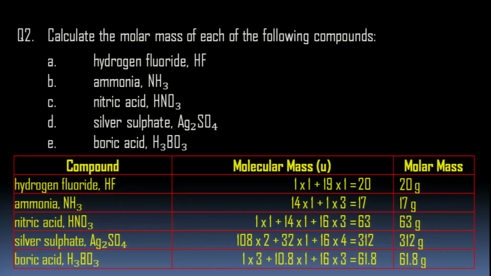Similarly, boric acid, H3BO3, 1 into 3. For boron, atomic mass is 10.8, 10.8 into 1. And for oxygen, similarly, 16 into 3, that is 61.8 grams. Was it there on the screen for 2 seconds, children? So, I think you have noted it down.